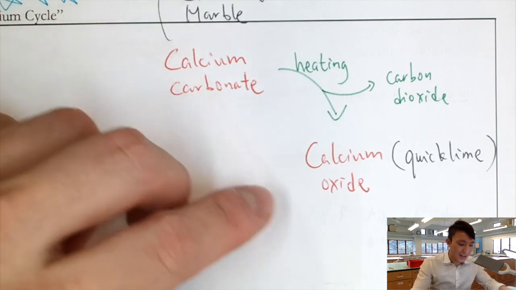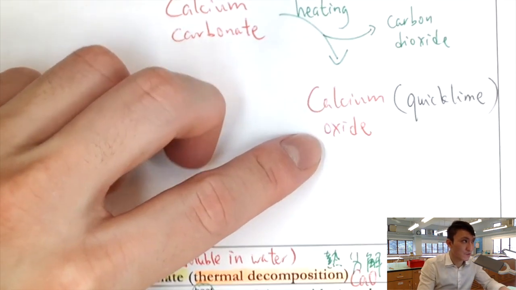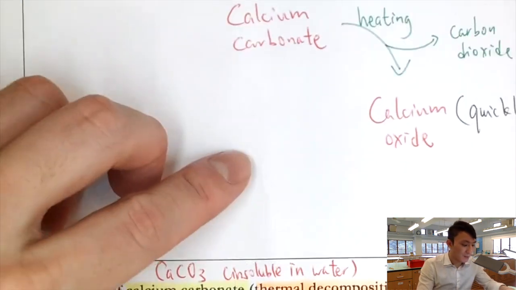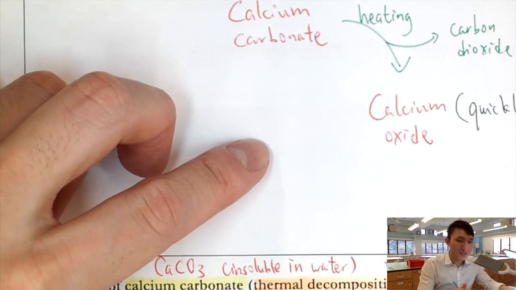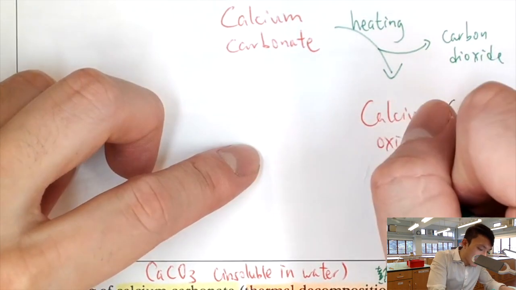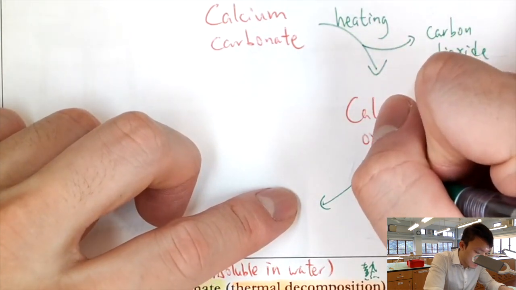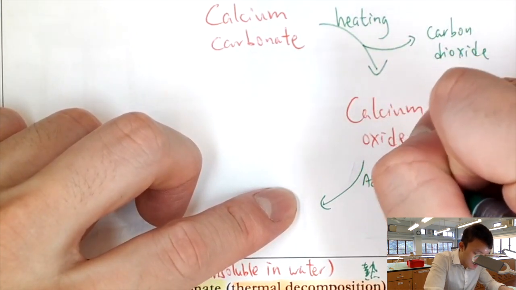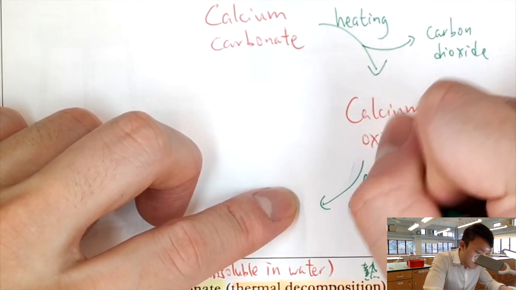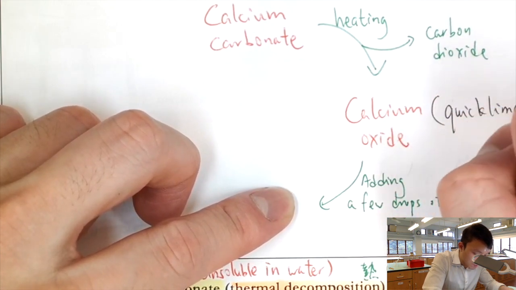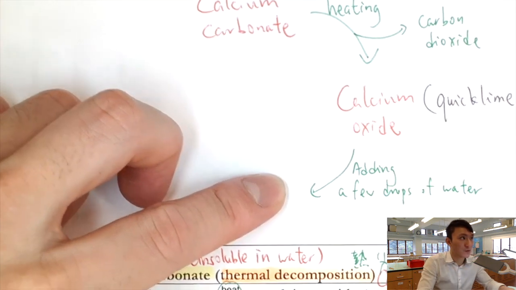Now for calcium oxide, the next reaction, if you remember, is the addition of water. But here, we need to specify a little bit. I want to start by adding a few drops of water.